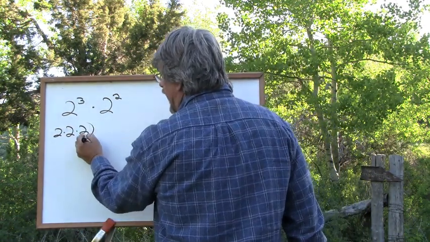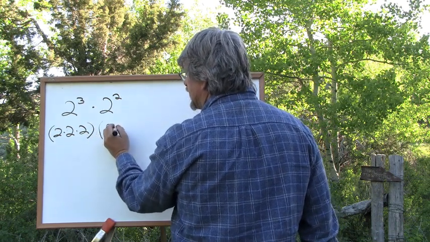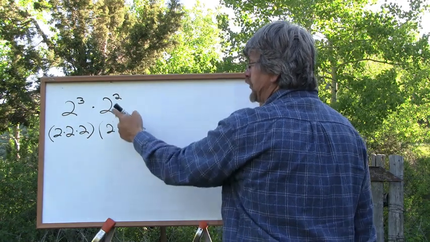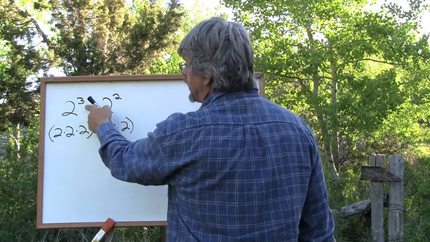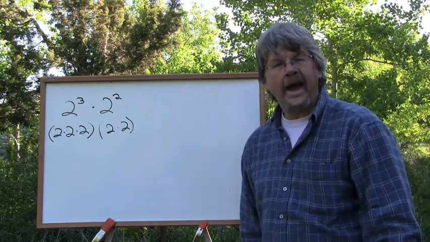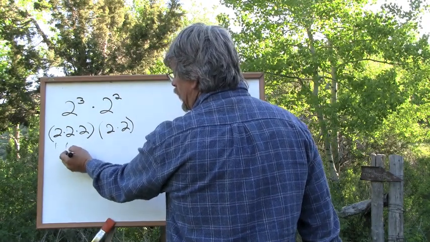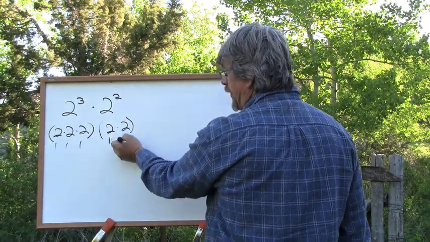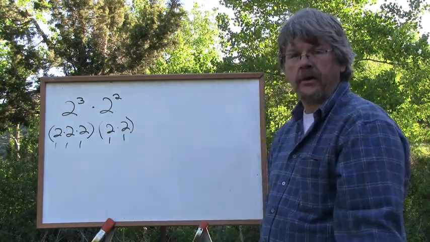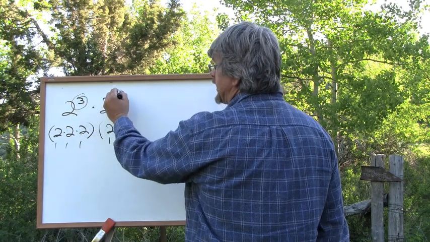And we're multiplying this number by 2 times 2, 2 squared. It says you have 2 2's you're going to multiply. This says you have 3 2's you're going to multiply, right? Count the number of 2's here. 1, 2, 3, 4, 5. We're going to multiply 2 5 times. Look at the exponents. You have a 3 and you have a 2.